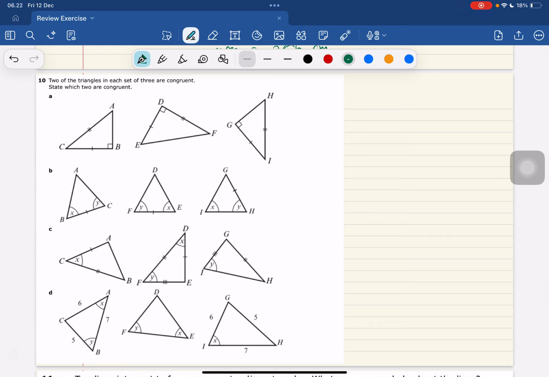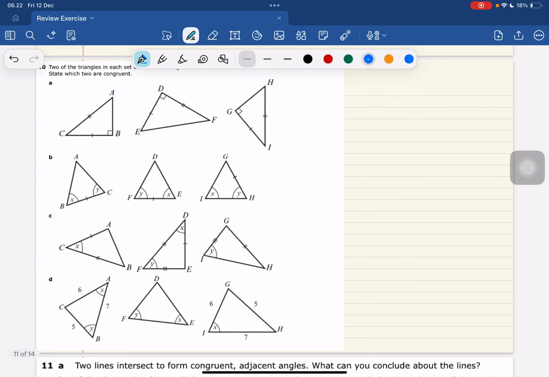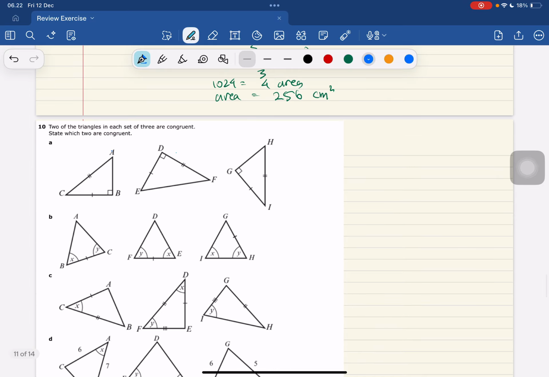Let's go on to 10. Two of the triangles in each set of 3 are congruent. Let's see. We got A, B, C. Is it congruent with one of them? We can rearrange it. D will be here.